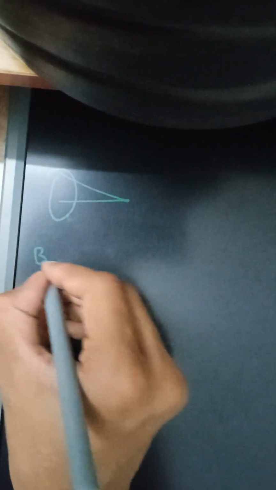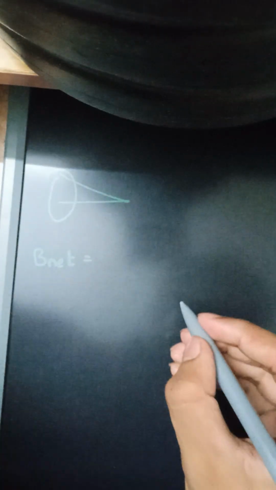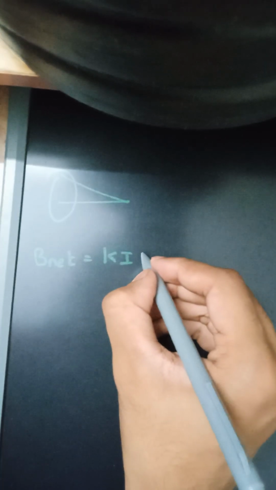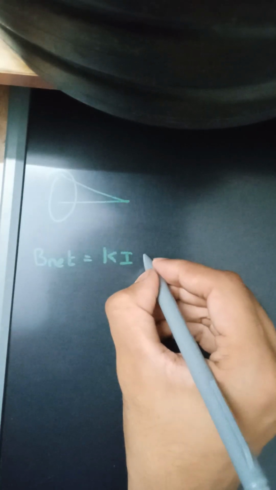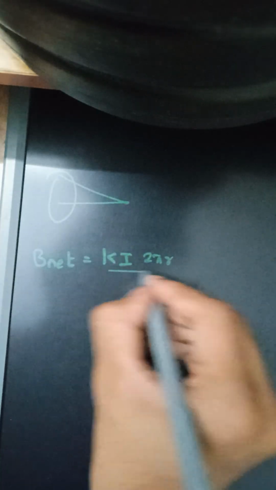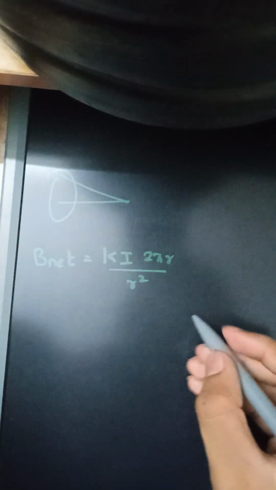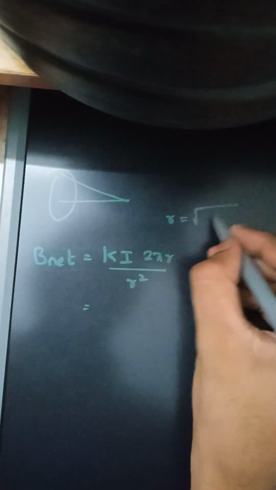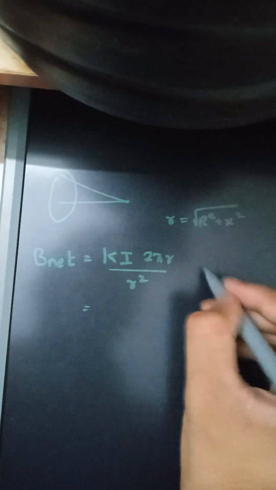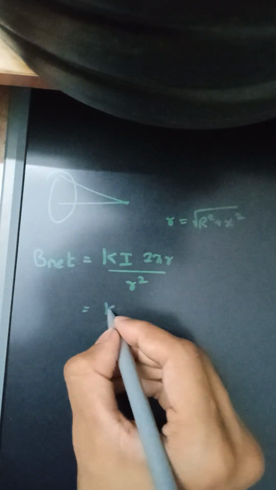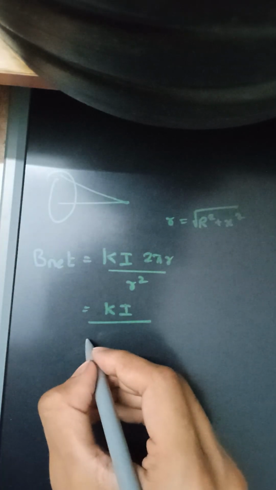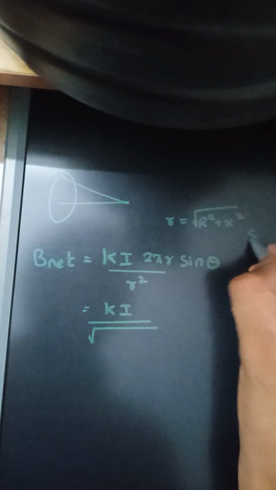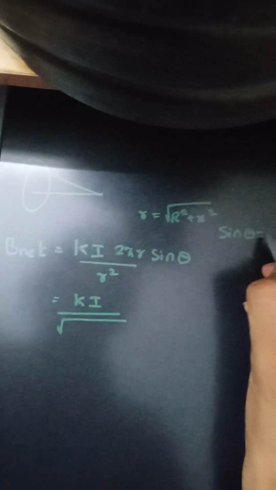So B net equal to k i dl. dl is 2 pi r as we know. We will be getting this equation. Then if we split it, here r square, r is root over r plus x square. Here sin theta is, what is sin theta?